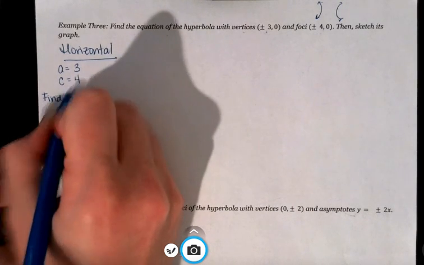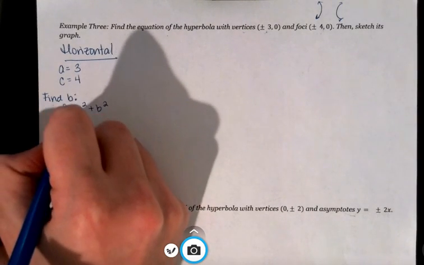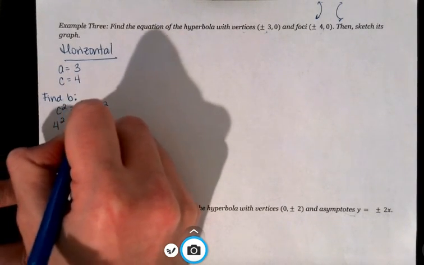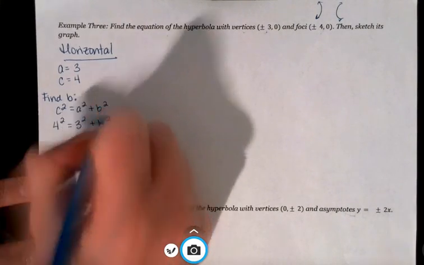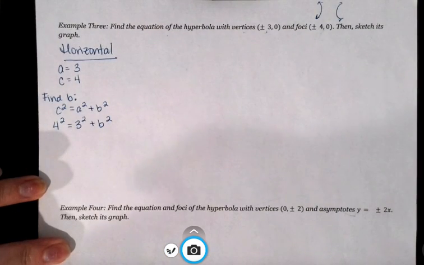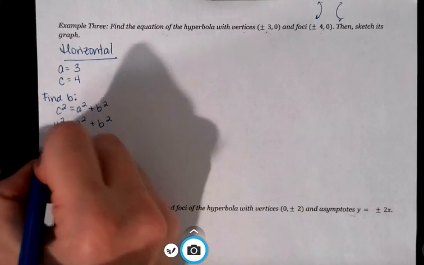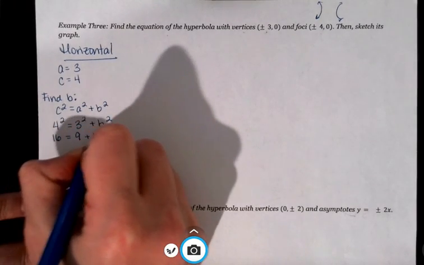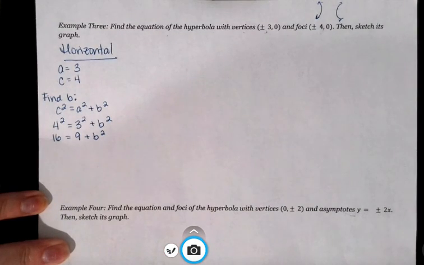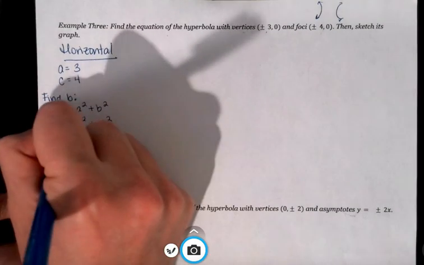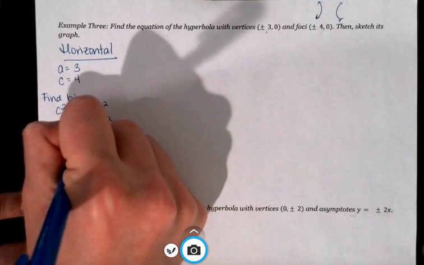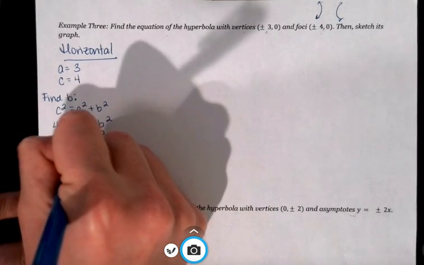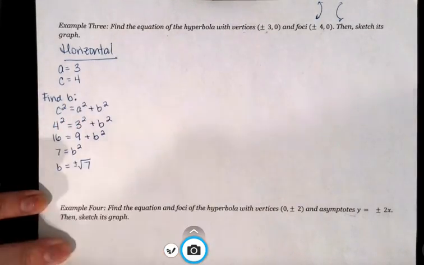Well, C was 4, so I have 4 squared equals, my A was 3, and then I have B squared, which I don't know yet. 4 squared is 16, 3 squared is 9, and then I can go ahead and solve for B squared. When I subtract from both sides, I get 7 equals B squared, so that means B equals the square root of 7.